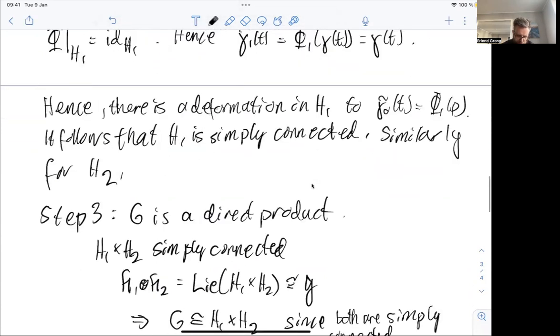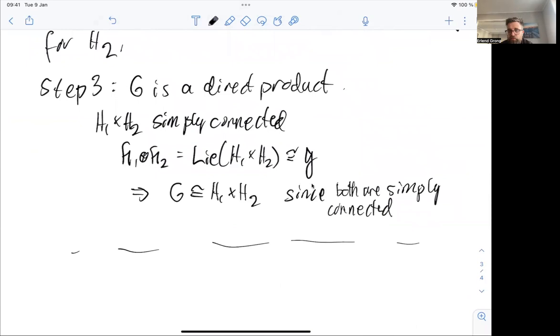Then there's one part of the proof that I didn't have time for, and unfortunately I never got back to have another lecture hour, where we need to show that G is a direct product. Here we have the idea that if we know that both are simply connected, their product is simply connected, and then we have two simply connected Lie groups with isomorphic Lie algebras, and hence they have to be isomorphic.